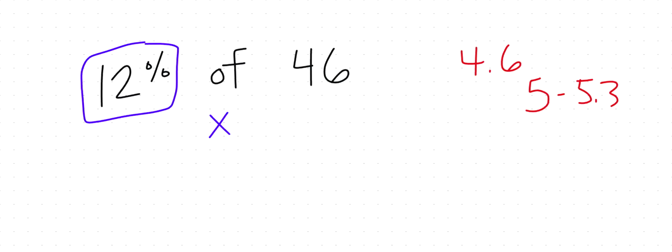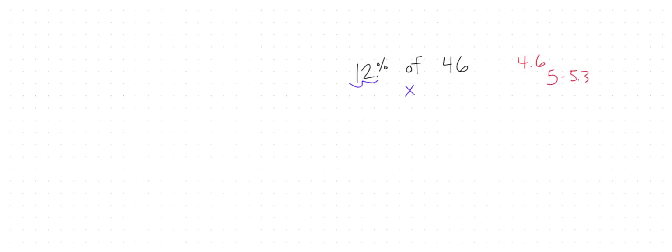We're going to take this invisible decimal point. It's there, but we can't see it. A whole number is always followed by an invisible decimal point, and then we move it over twice to the left. So we have 0.12. So we end up with 46 times 0.12.